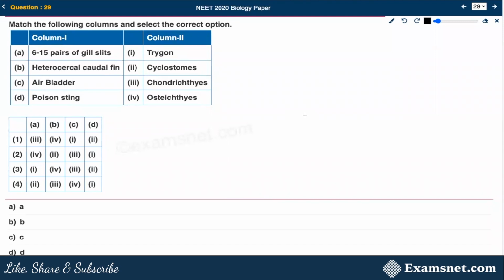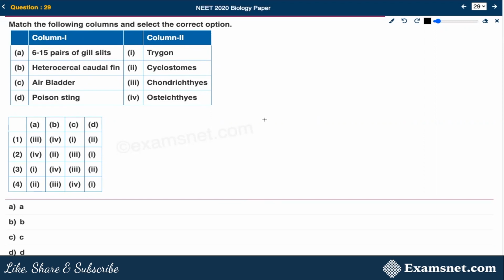This is basically a question from your animal kingdom Animalia, and the categories of Pisces. It has been given over here, which you can see. So this is the case.